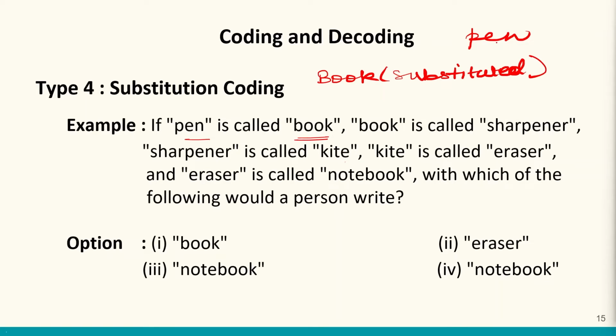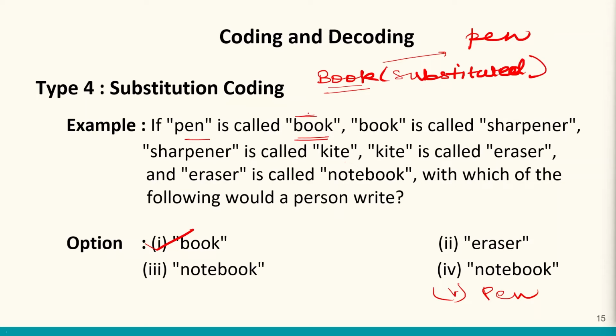So if I have to say that we write with a pen, I can also say that we have to write with a book, because book represents pen only. It is given in the question. So our answer will be option number 1, book. Even if there was an option 5 called pen, our answer will still be book, because in this particular question, book is the substituted word for pen.